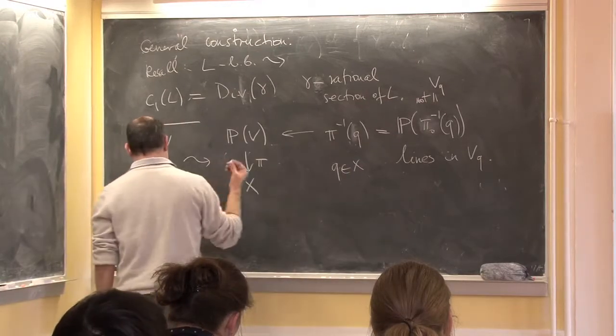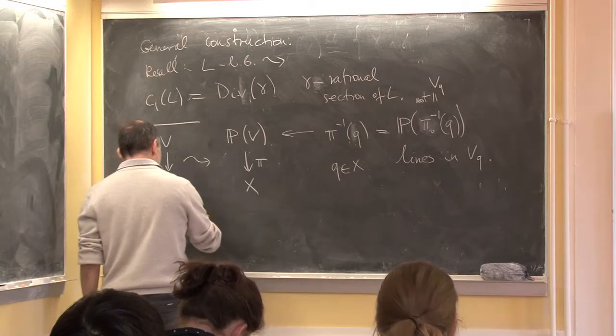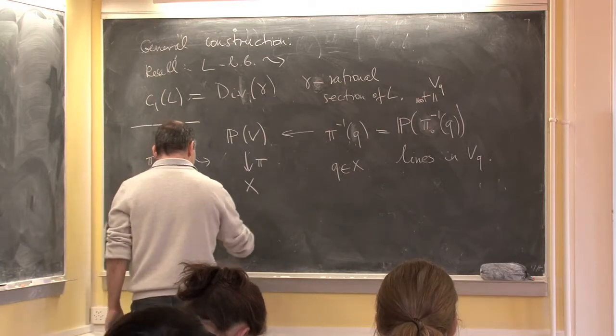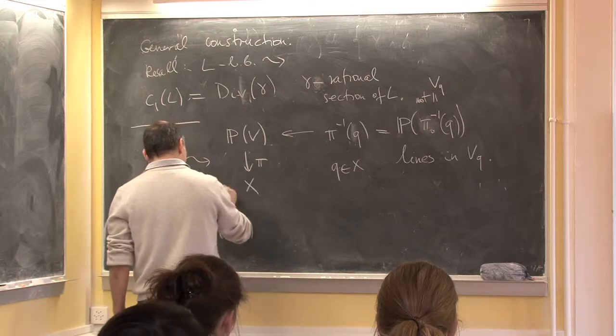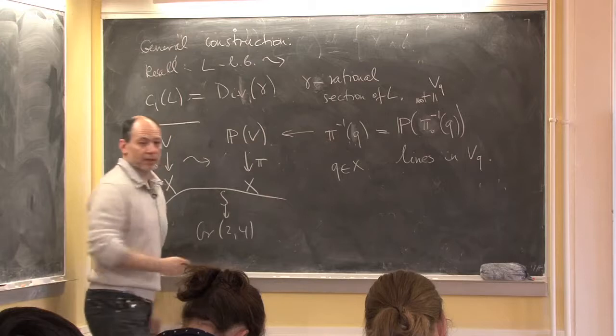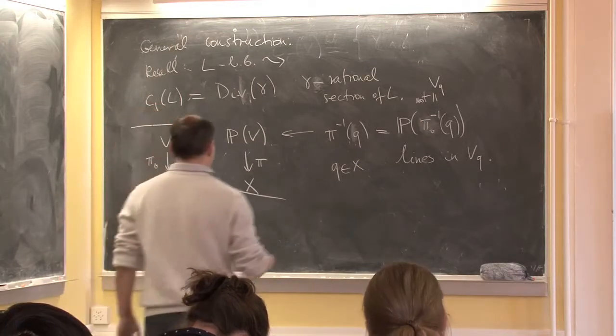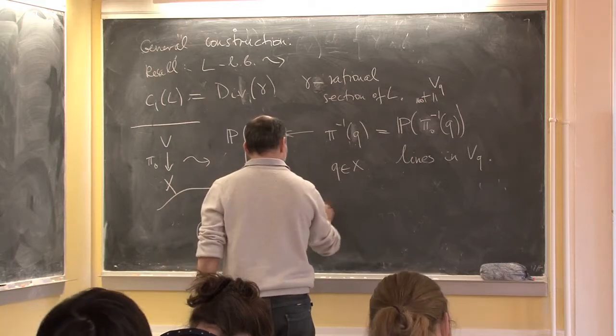So maybe let me just give an example, because this is, anyway, useful. So for example, let's just take the simplest. Let's look at this Gr(2,4) situation. You look at the tautological bundle. So this is our setup. How can you formulate what the points of this thing are? What is P(S)?